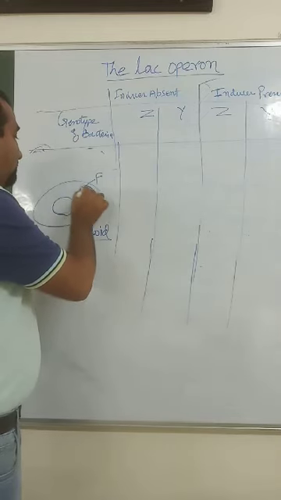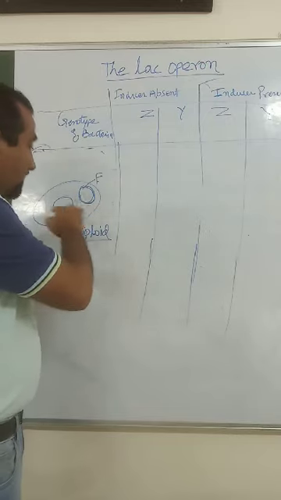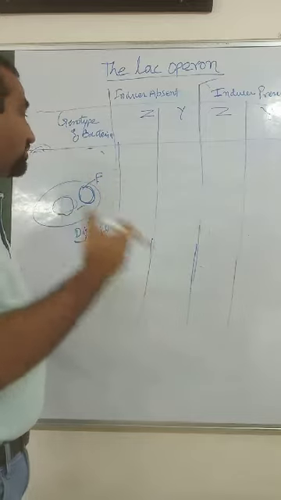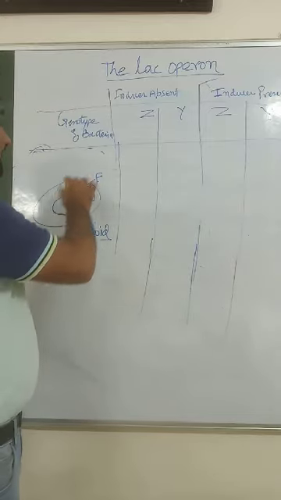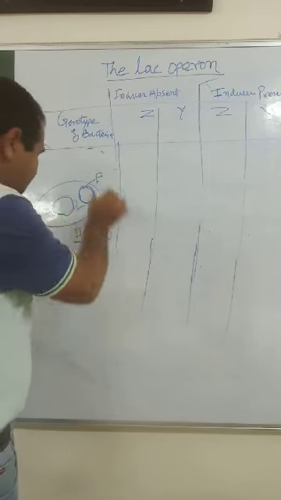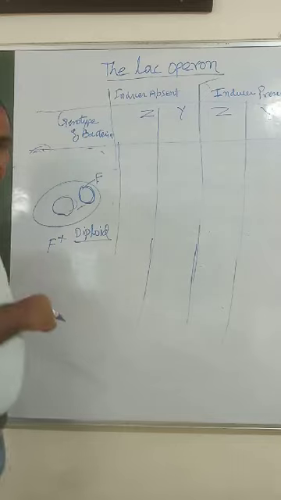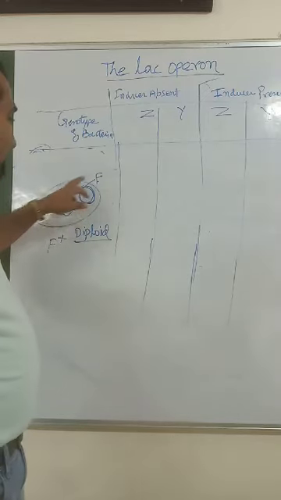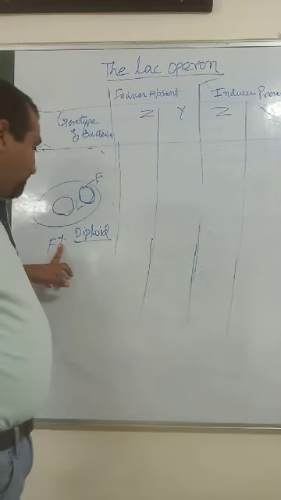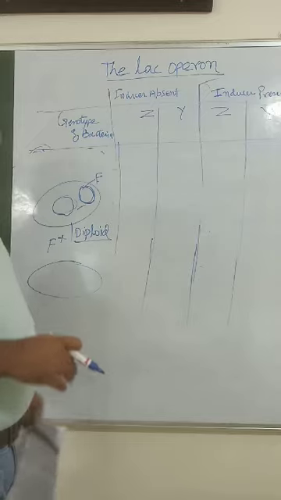If this bacterial cell has this plasmid that is outside or other than the bacterial chromosome, that's why it is known as extra chromosomal DNA dispersed in its cytoplasm. And this bacteria will be known as F plus, that it has the gene, and now it is represented by F plus.